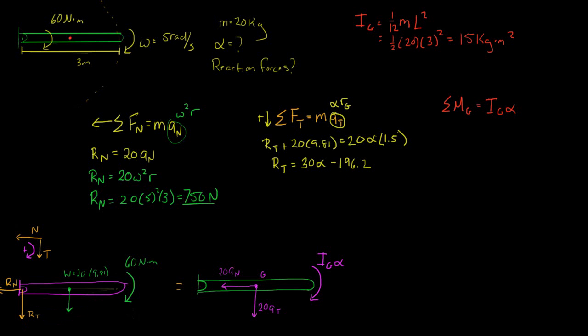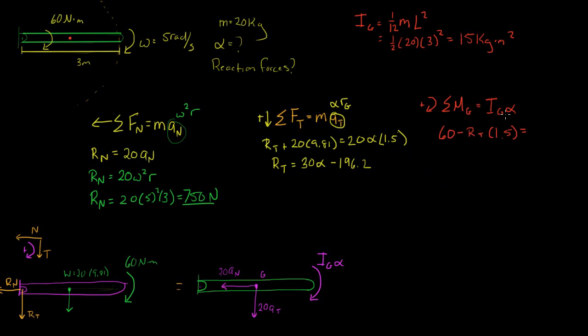So the sum of my moments about my center of mass only has to account for this moment right here and this tangential reaction force, because my weight goes through my center of mass and this normal reaction force goes through my center of mass. So if this is my positive orientation, I'm going to have 60 minus this RT times the perpendicular distance, which is 1.5.